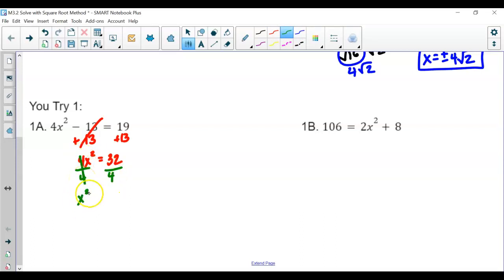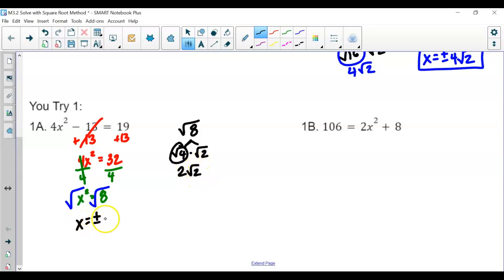So now I've got x squared is equal to 8. Now what's the last step? Take the square root. So can we simplify radical 8? Yes, because radical 4, which is a perfect square, is a factor. Radical 4 is 2. 2 radical 2. So x is equal to plus or minus 2 radical 2.